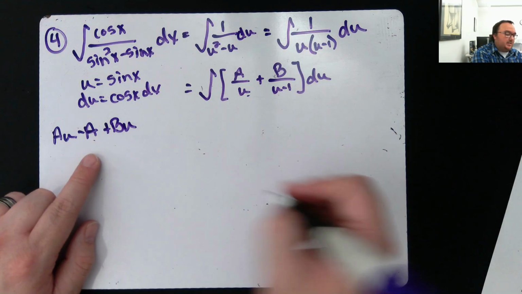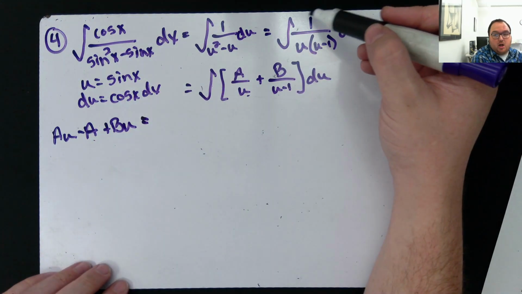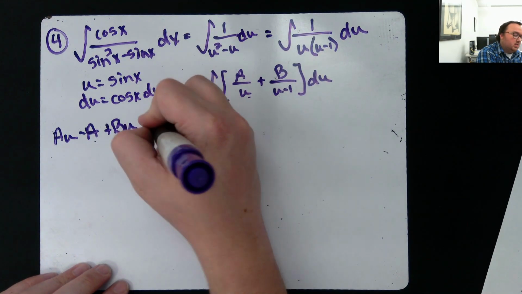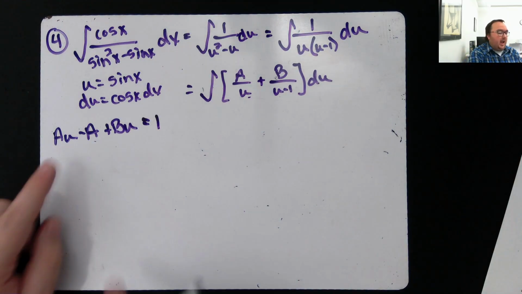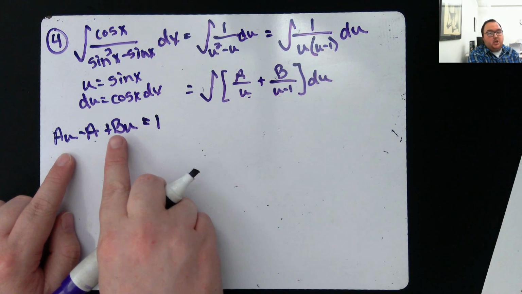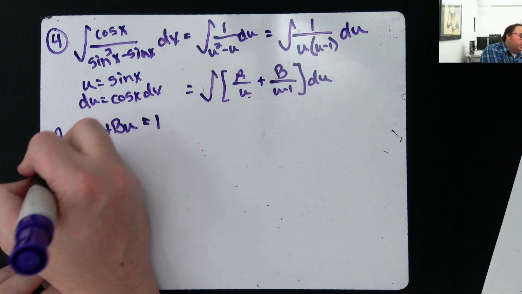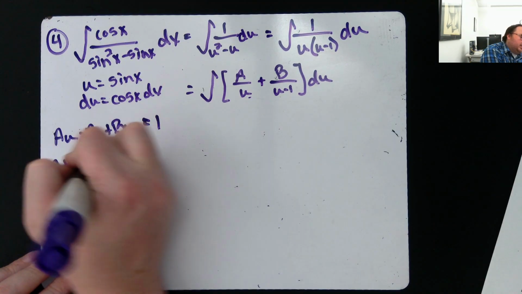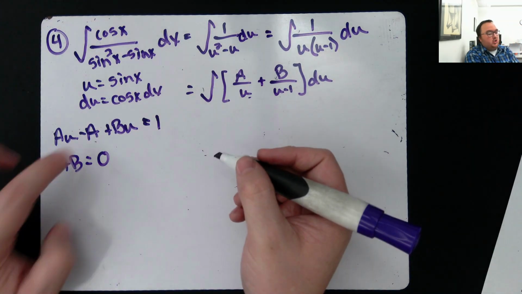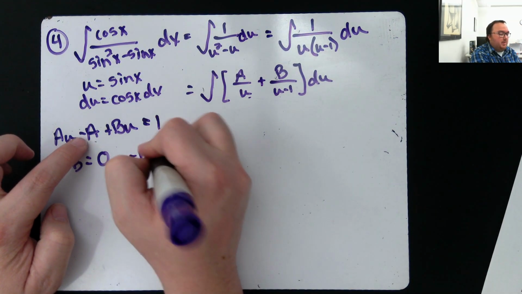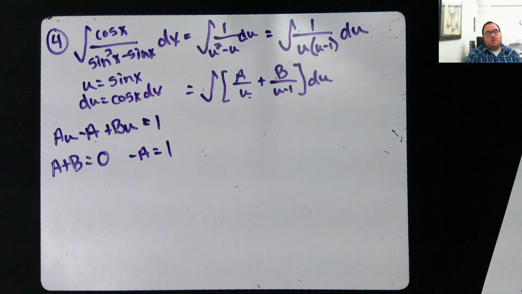And I know this has to be equal to, my number on top was a 1. So a u plus b u, notice there's no u's over here. So a plus b has to be equal to 0, which just leaves me with negative a equal to that 1.